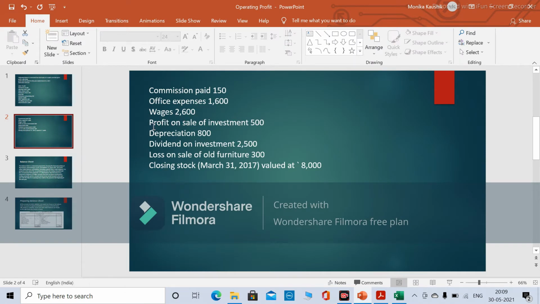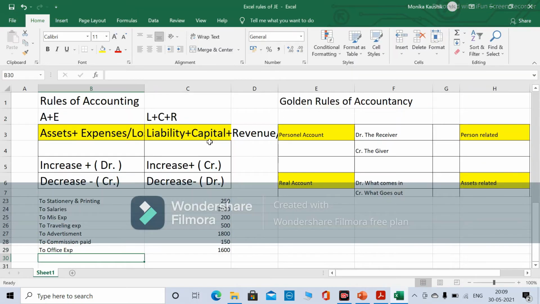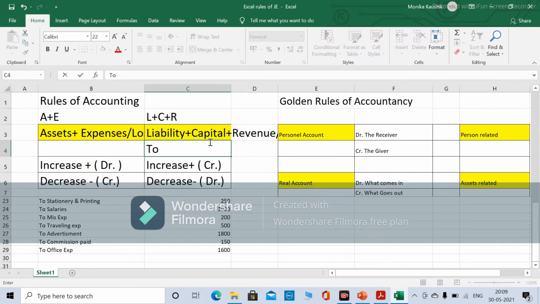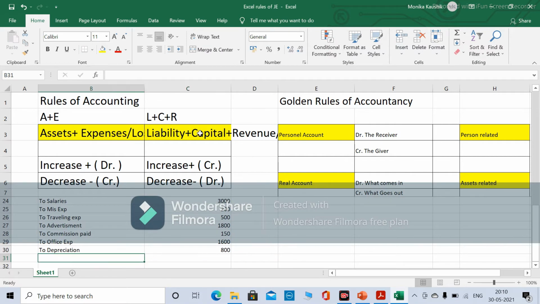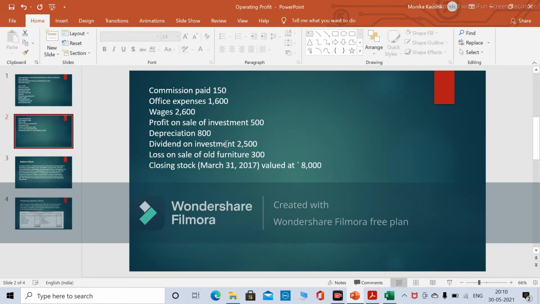Profit on sale is not a recurring or operating item, so we will not consider it. Depreciation is also an operating expense, 800 rupees. Dividend is also a non-operating expense or income.